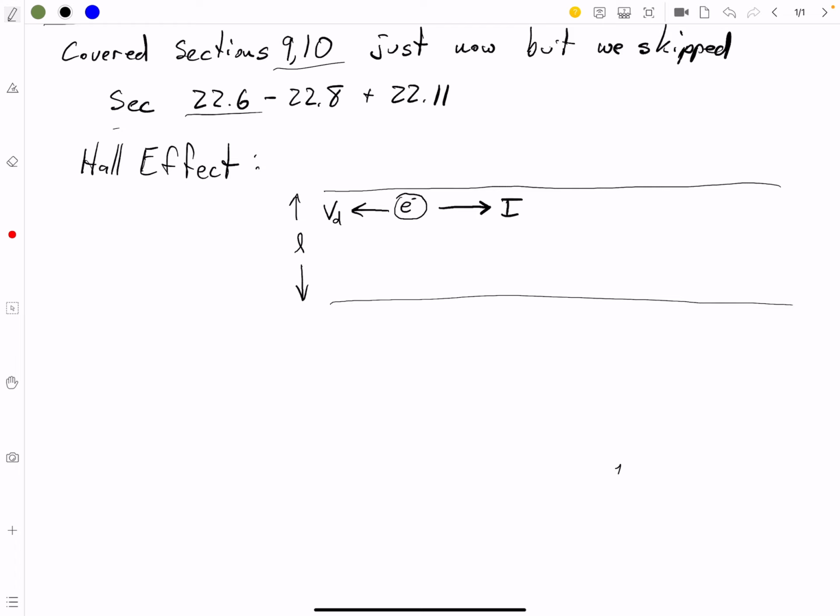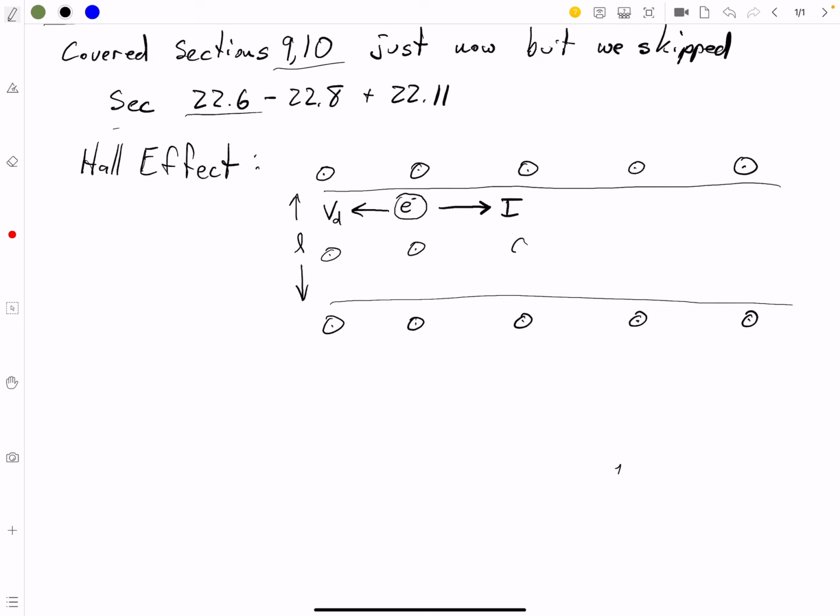And we also are doing this all in a B field that is coming out of the page. So we're going to fill this page up with a bunch of B field, and let's do some right down the middle.